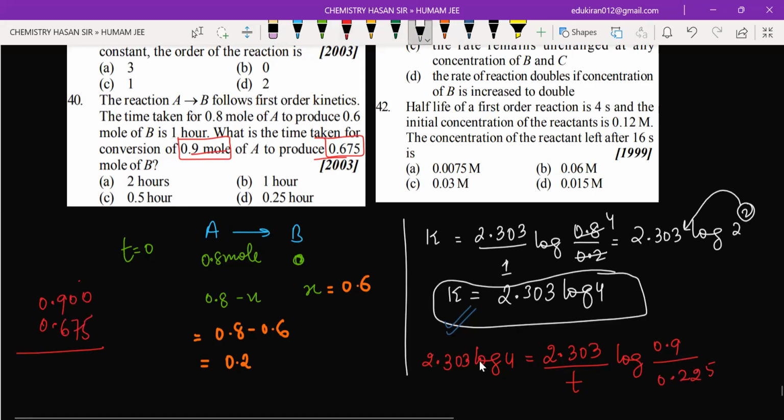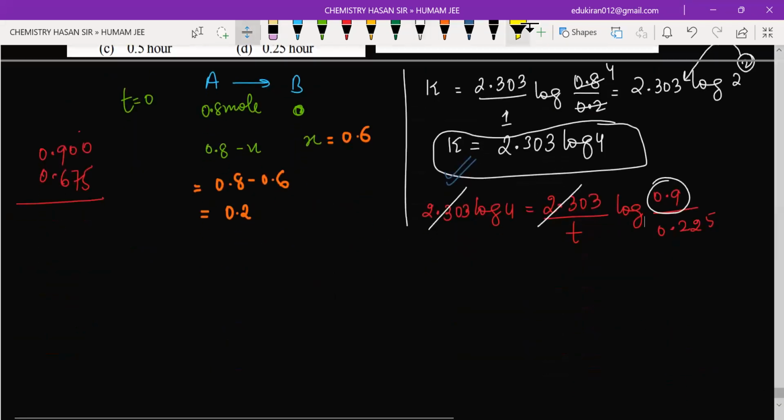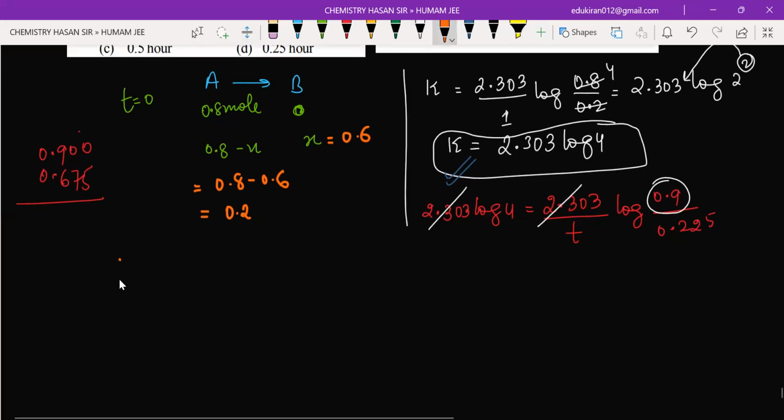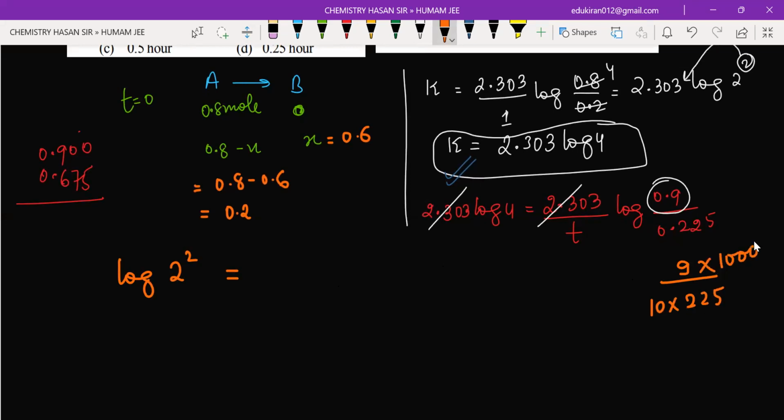Yes. Now what will happen? You just need to calculate the value of t, and you know that you can take anti-log, or this value will be cancelled, and this is 0.9 upon 0.225. So basically you just need to do some simplification, like log 4. I'm going to write here log 2 raised to the power 2, and here I'm going to write, can I write 9 upon 10 into 225 and into 1000, in which 10 and 10 will be cancelled, right?